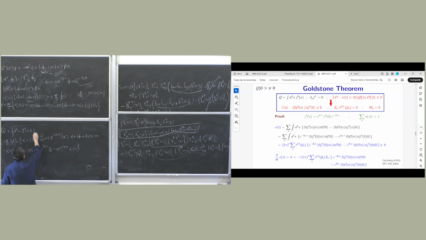The only thing I have done is to take into account that this is J0 of x, t. I have made use of invariance under spatial and time translations, okay?